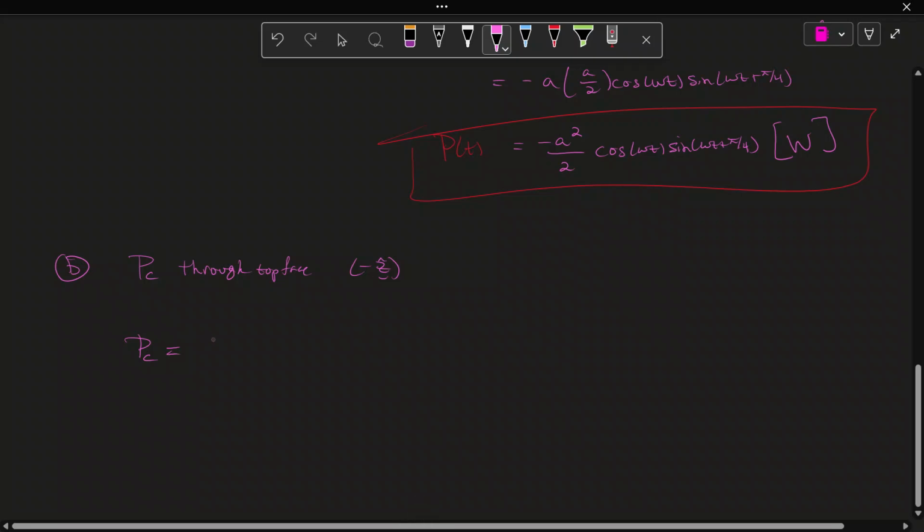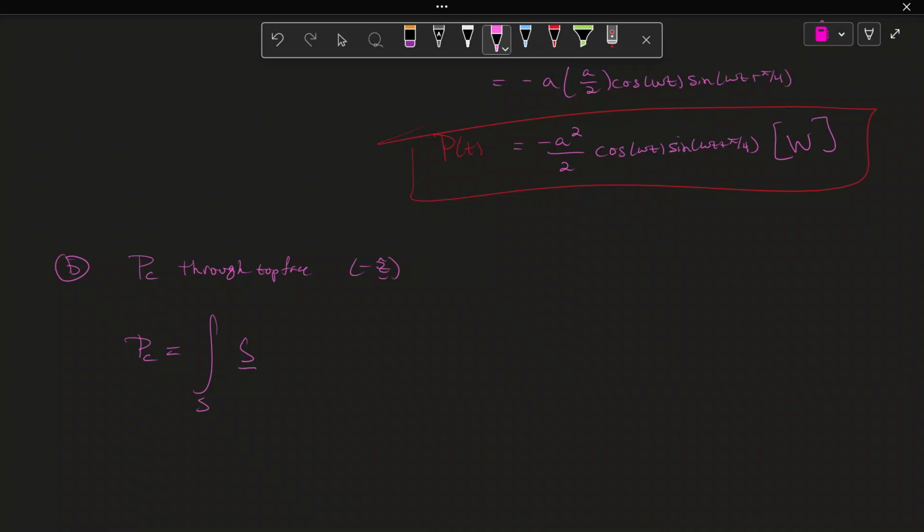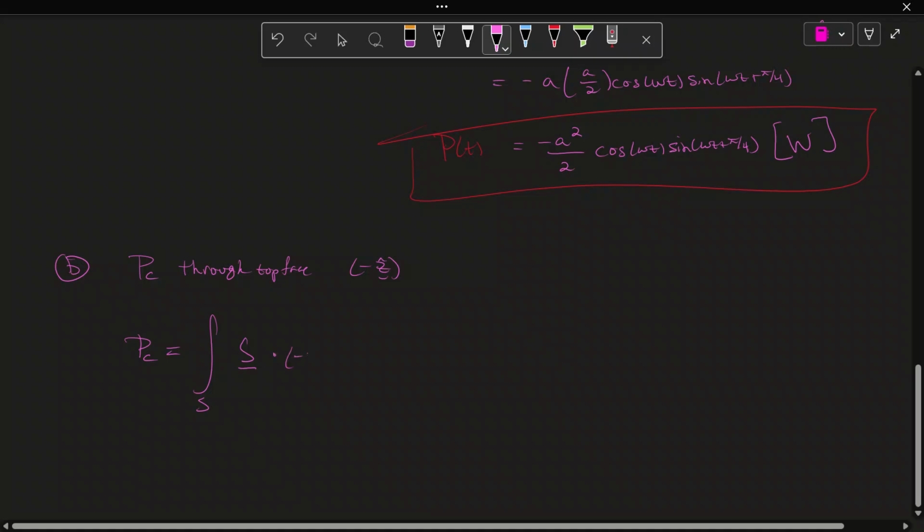Well, complex power is still the same surface integral, but now we're taking it in the complex domain. If you want to think phasor domain, this is not in the time domain anymore. It's not quite frequency domain, it's just not time domain. So we're kind of in phasors. So now we have times negative z hat.